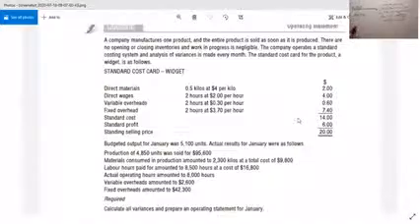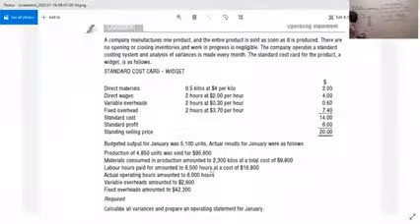From the actual statement given, the labor hours paid were 8,500 hours at a total cost of $16,800.